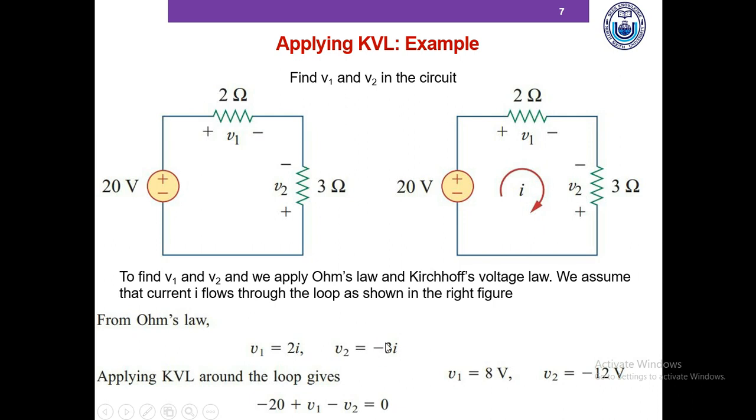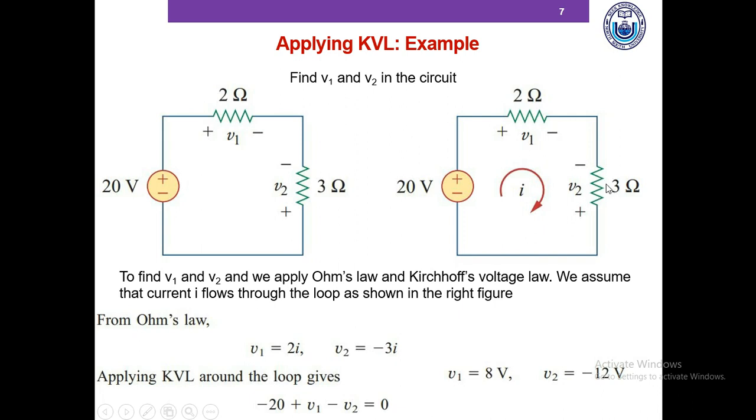Now you might wonder why there's a minus sign here and why not a minus sign here. Across a resistor, current always goes from higher potential to lower potential. So why do we have a minus sign in front of the equation of V2? The reason is that when we're computing the voltage across the resistor here, we are always assuming that current is going from higher potential to lower potential, which means this point for this resistor will be plus and this point will be minus.